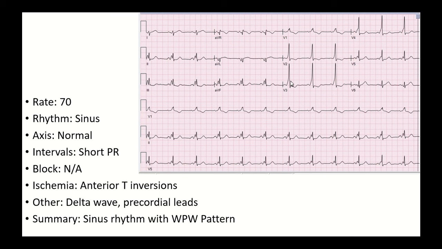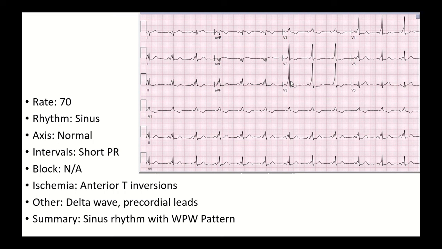So this sort of thing becomes dangerous if, for example, this person was to go into atrial fibrillation, and let's say they didn't have any kind of rate restrictions on this pathway. Those atrial fibrillation impulses can travel down this pathway fast enough that they can overwhelm the ventricle and cause it to fibrillate.